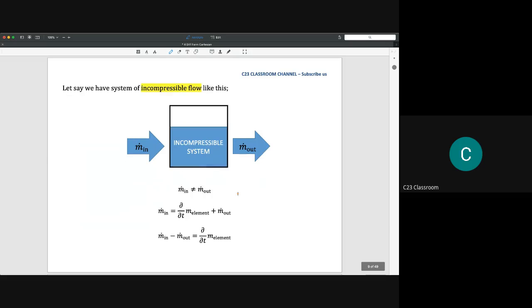Then, okay, we sometimes have a system like this. For example, we are still dealing with an incompressible system. We have a tank here, and this tank is half full, and you give the mass flow rate inlet here, and you have a mass flow rate outlet here.